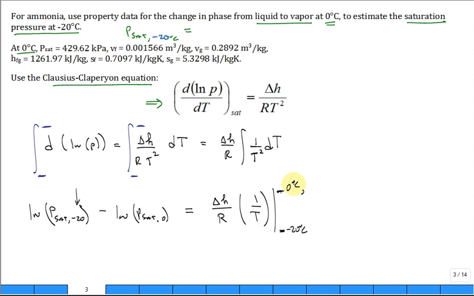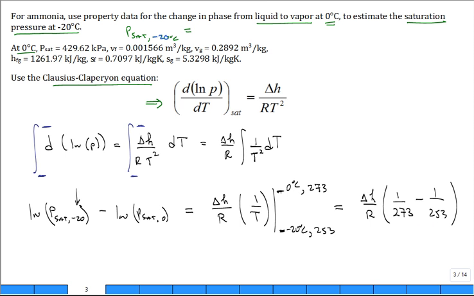So 0 degrees C is 273, and negative 20 is 253 Kelvin, right? So that's what we have. So what we have is you're going to have a delta H divided by R, 1 over, basically, I'm going to put numeric values in there, minus 1 over 253.